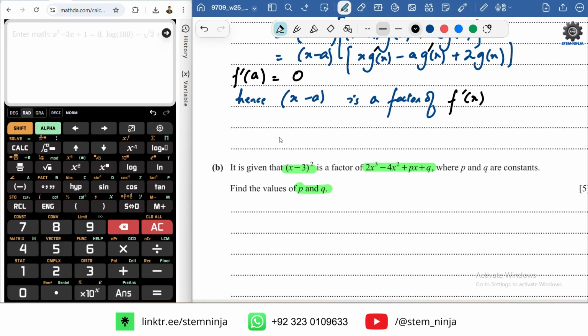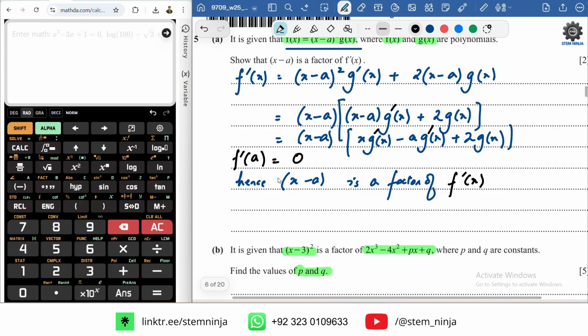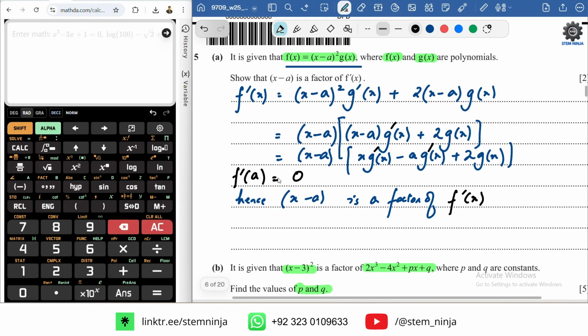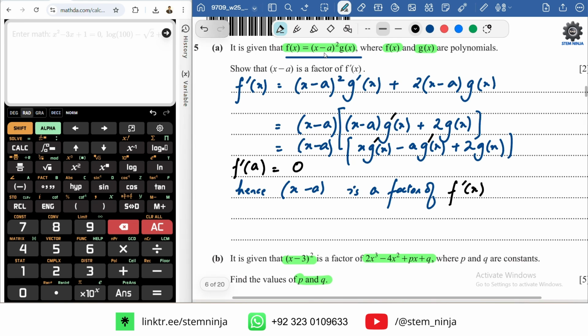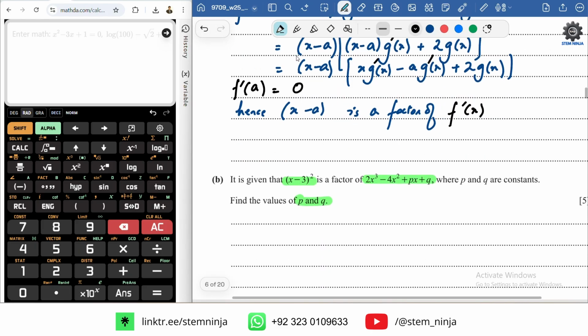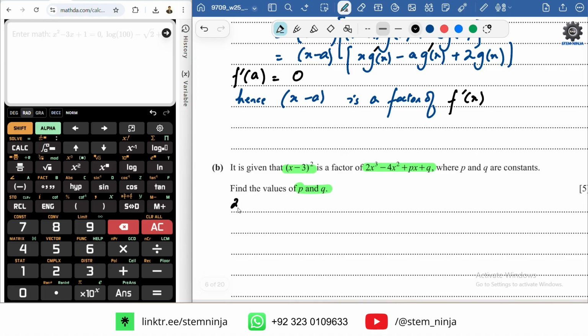It is given that x minus 3 whole squared is a factor of this thing. So over here, x minus a squared is a factor of f of x.